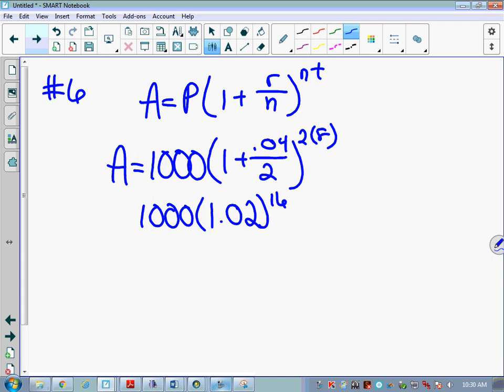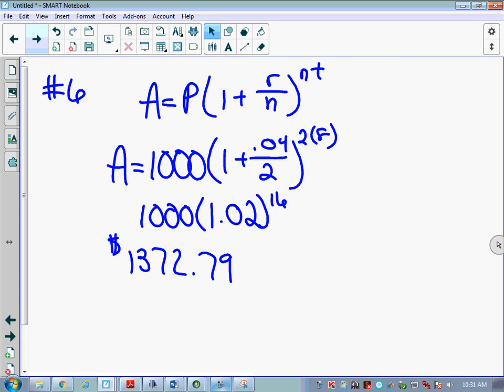So I'm going to take 1.02 to the 16th times 1,000, and I get 1372 point what? 0.79. Okay, number 6, 1372.79. Okay, so that's just a little bit of extra practice.